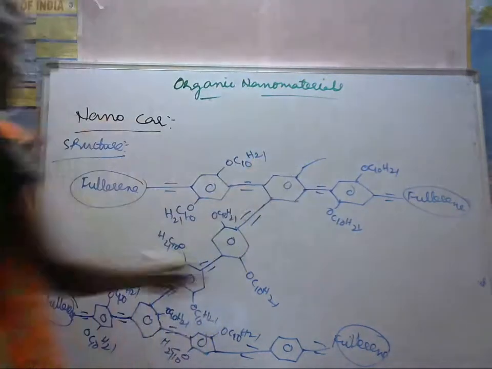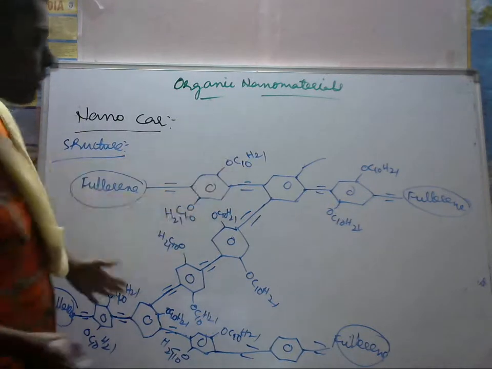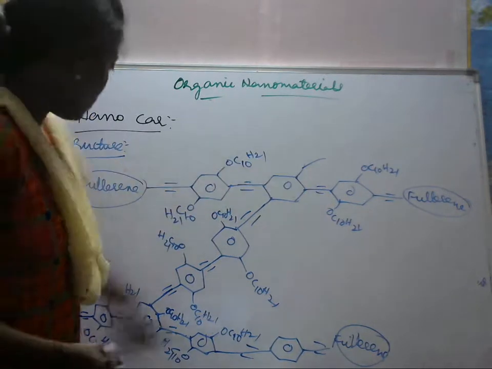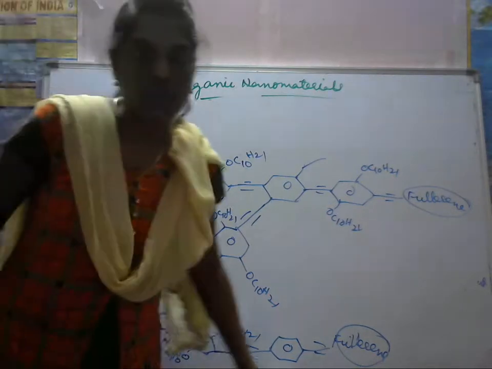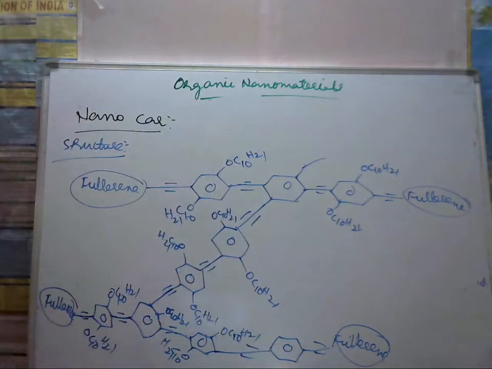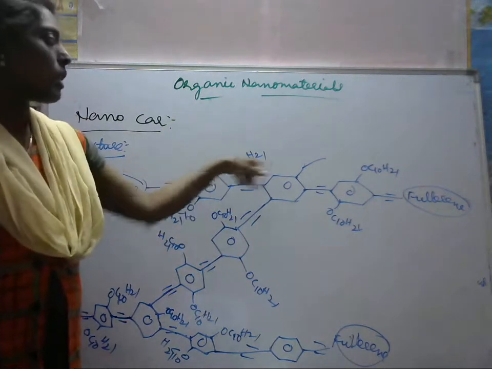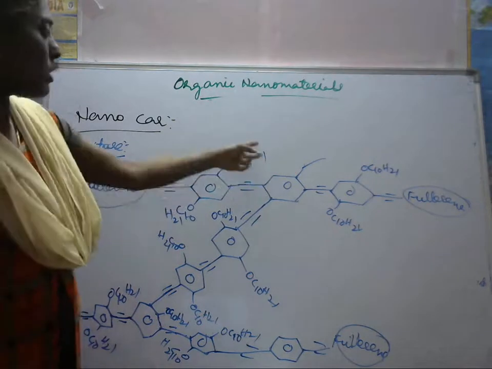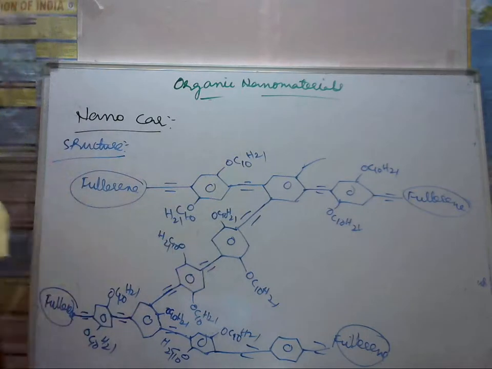This is the structure of the nanocar. This is the base box, and here it looks like wheels. If you see here, these look like wheels. This is about the nanocar. Alkyne groups are there, aromatic groups are there, which are attached to these compounds. So this is the structure of the nanocar.